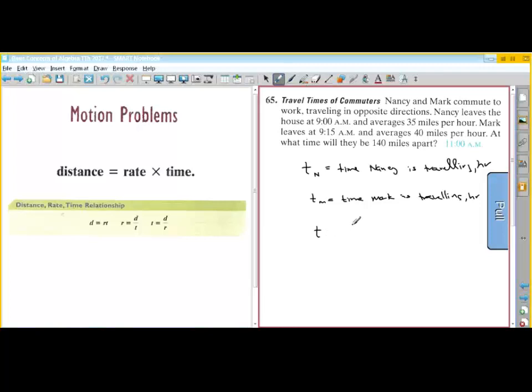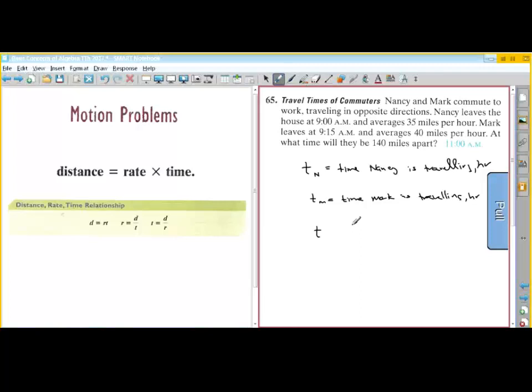So looking at the problem, who is going to be traveling for a longer period of time? Nancy or Mark? Because they're saying at what time, the final time is the same between the two. Who's going to be traveling a longer time period? Nancy, because she's leaving earlier, right?